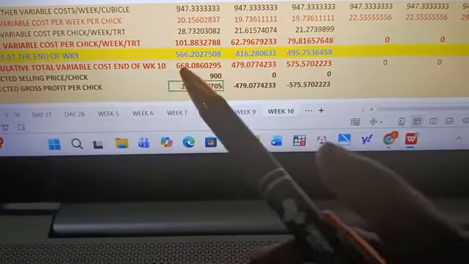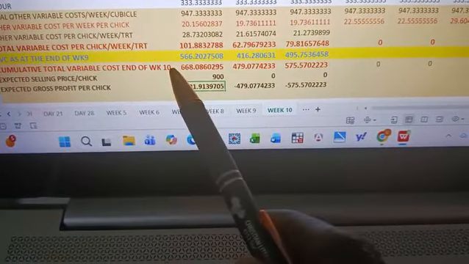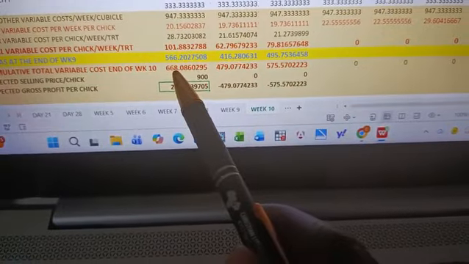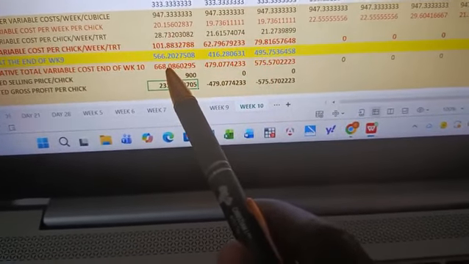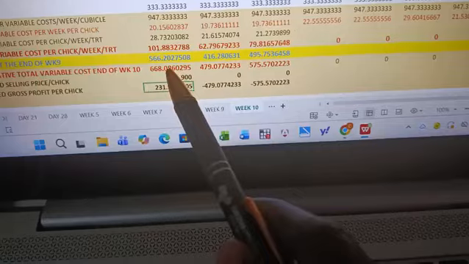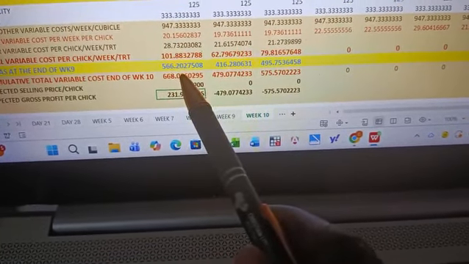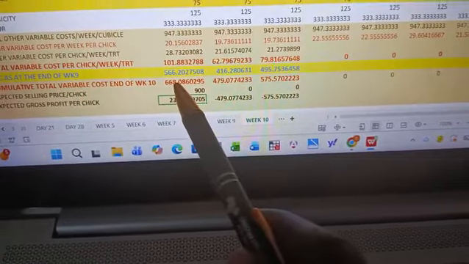So we are saying that those that were feeding on starter crumbs and finisher pellets, by the end of the 10th week, each bird had incurred 668 shillings in terms of total production costs. But these are variable costs, of course.